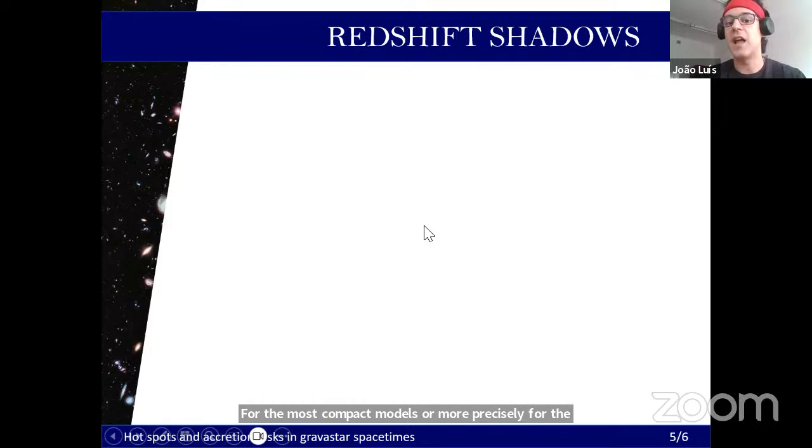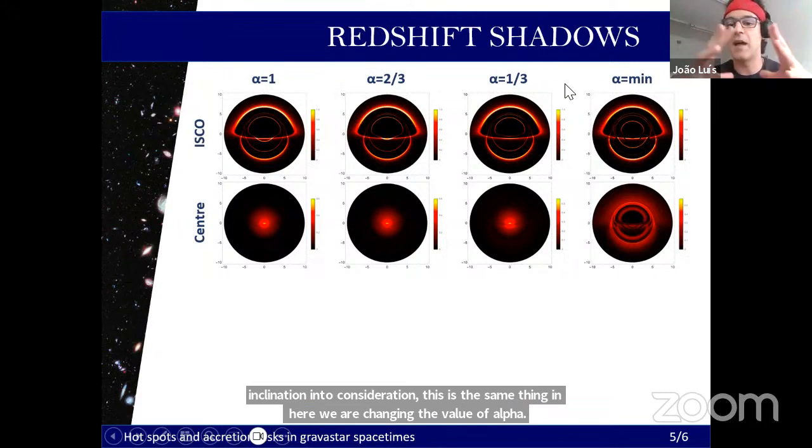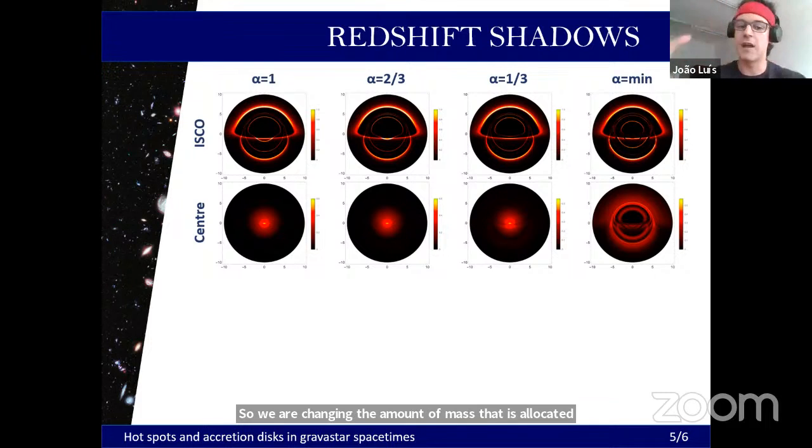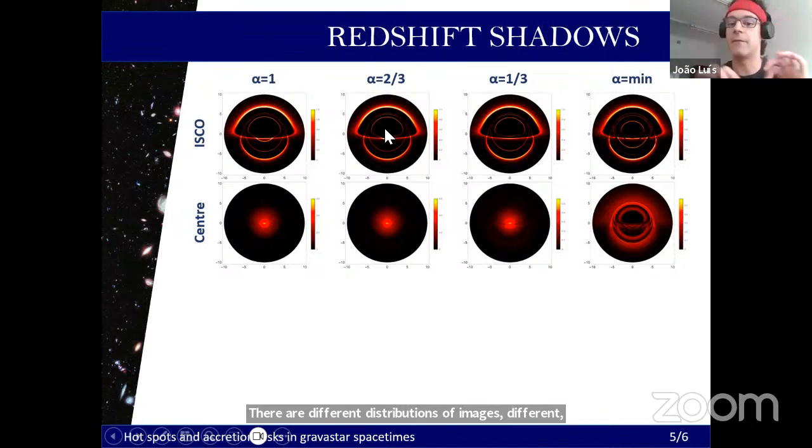And if you take inclination into consideration, it is the same thing. In here we are changing the value of alpha, so we are changing the amount of mass that is allocated in volume and at the surface, for the ISCO model and the central model. For the ISCO model, as we can see, there are different distributions of images, different imprints for the additional images that you have due to the absence of the event horizon, in comparison to the black hole spacetime as well.